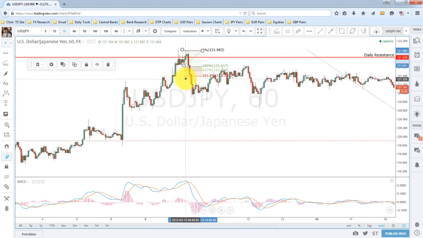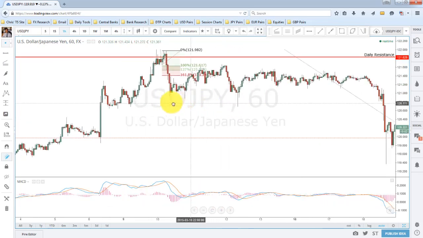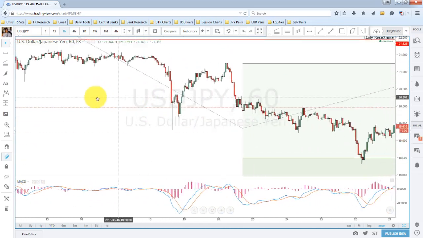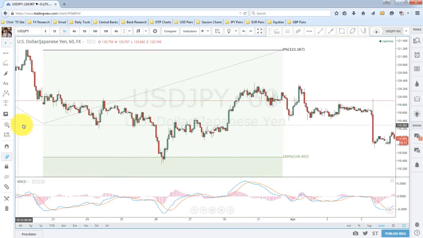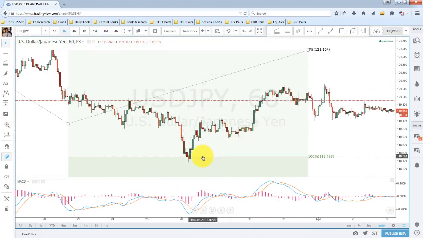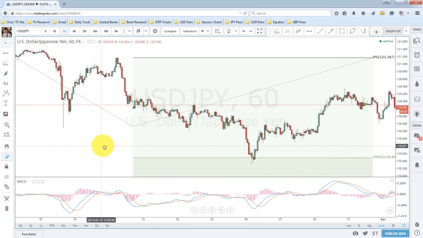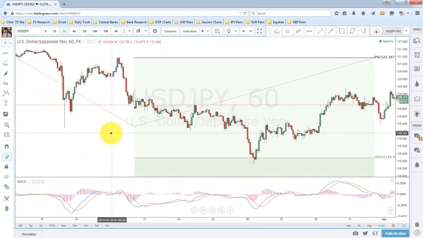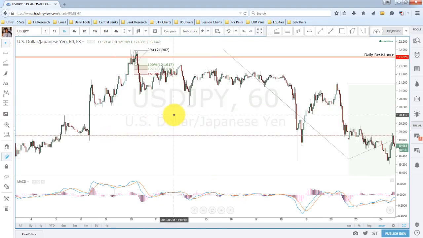Our entry would have been right here at the 1618, stop above the high, and we could target the daily target levels. You can see we had quite a bit of downside movement to go after testing that daily resistance.